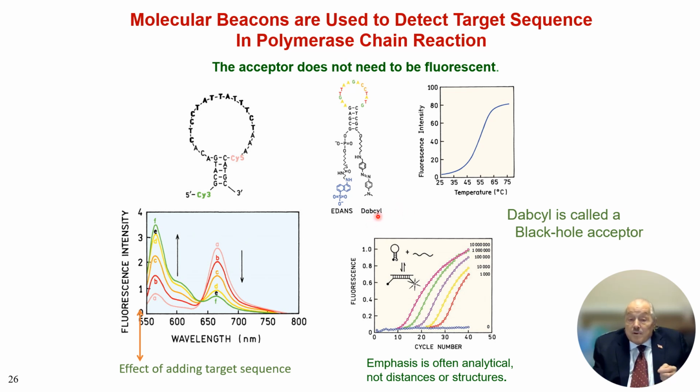And this type of system is frequently used in PCR assays, because as you form more and more of the target fragment, you break up the molecular beacon and you see higher intensities. So this is used not in a structural sense, but just to measure the extent of PCR.